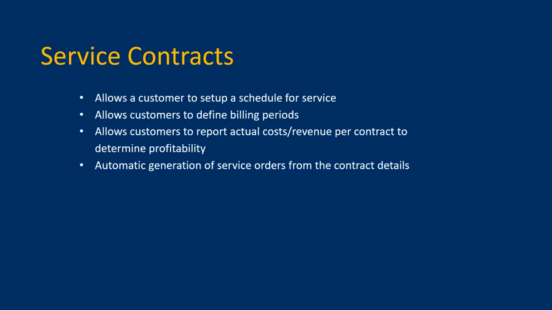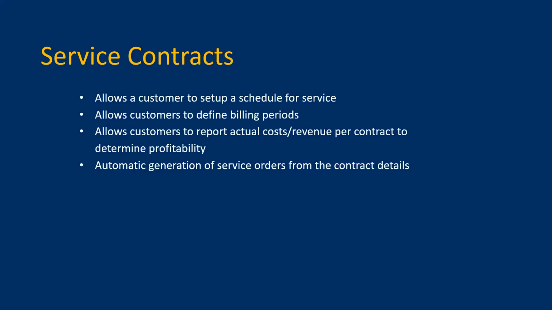So service contracts, it allows for contracts. It's important as it creates the ability to set up maintenance cycles per service item, setting up those billing cycles, setting up warranty pricing across the contracts. It also requires it to be linked to that service item, as we had mentioned.